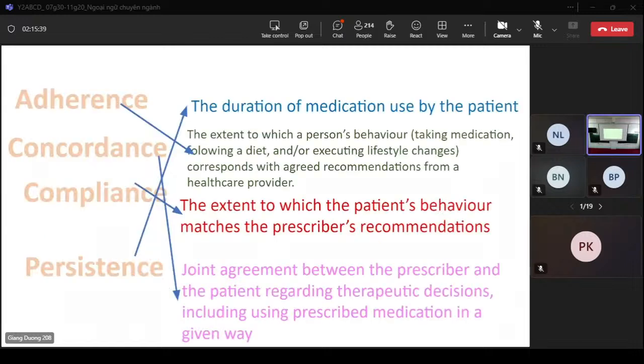Oh my God, I forgot the effect. Showing you the answer key also. We have concordant, adherence, concordant, compliance, and persistence. Adherence means that refers to your behavior.